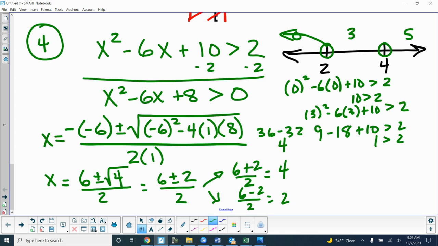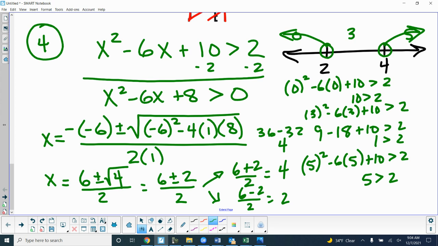All right? And I'll put 5 in. Well, 5 squared is 25, plus 10 is 35, minus 30. Negative 6 times 5 is a negative 30. That's 5. Is that greater than 2? Yeah. So, it's going to be like that, our graph.